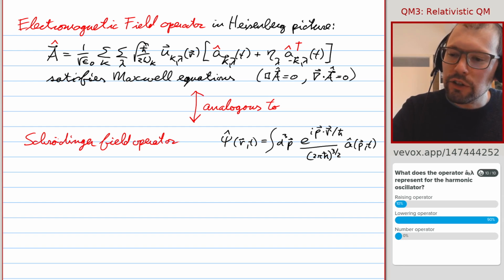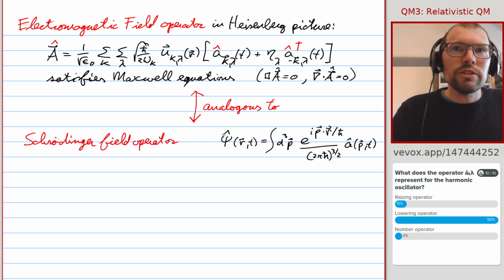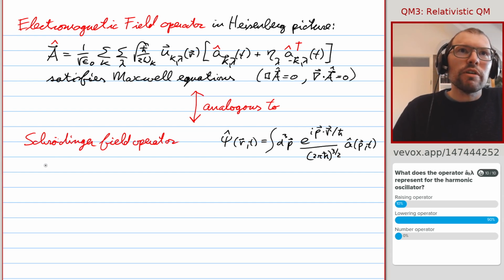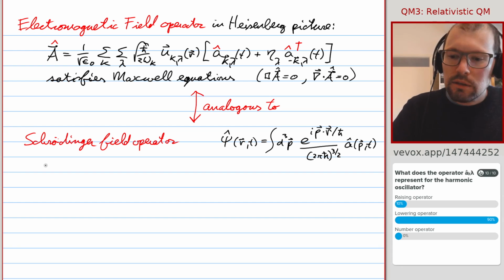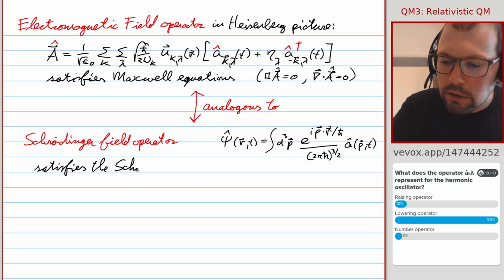And it's shown in the lecture notes that this operator satisfies the Schrödinger equation, even though it's not a wave function, it's really an operator.